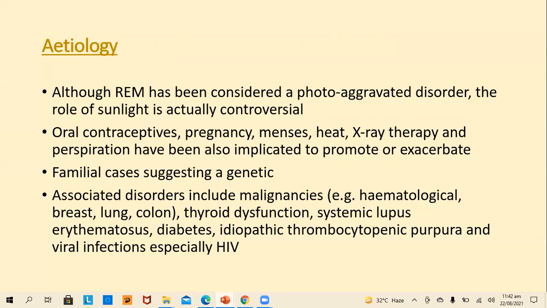Familial cases suggest a genetic predisposition. Associated disorders include malignancies, that is hematological malignancies, breast, lung, and colon, thyroid dysfunctions, SLE, diabetes, idiopathic thrombocytopenic purpura, and viral infections, especially HIV.